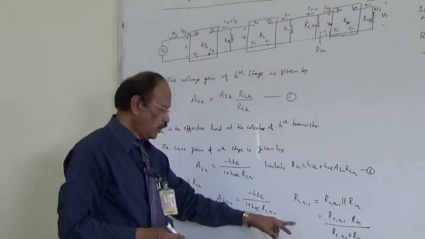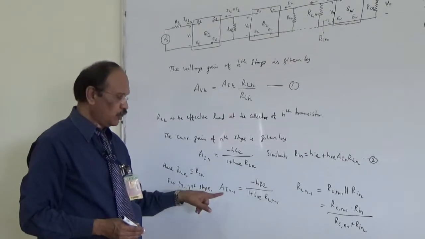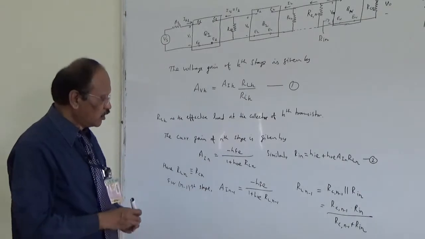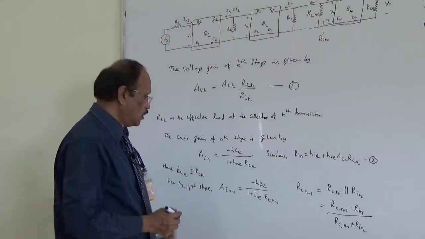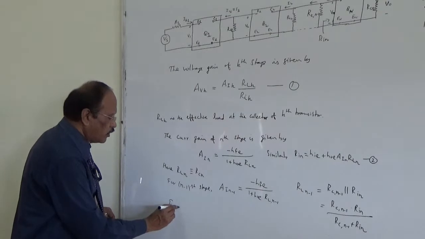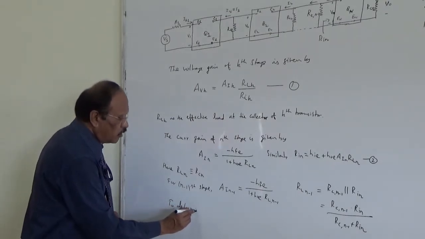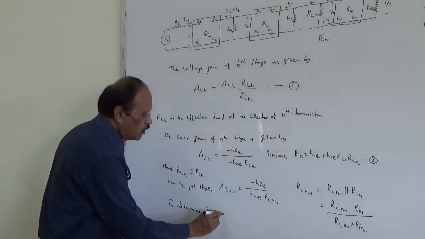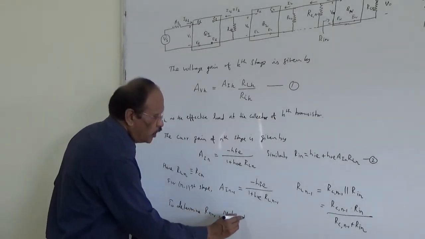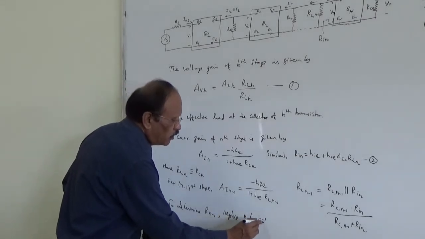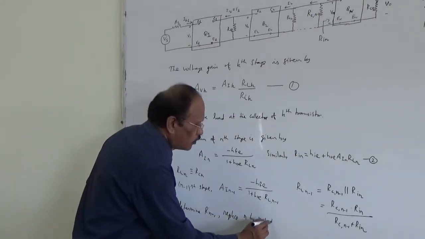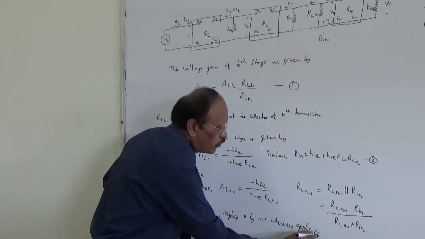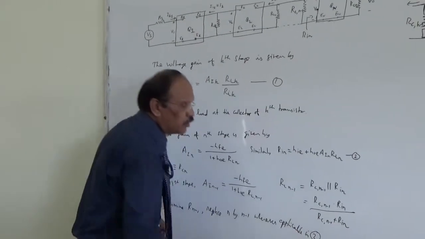So after determining this value RL n minus 1, we can substitute here so that you can find the current gain of the previous stage. Similarly, to determine RI n minus 1 for the previous stage, replace n by n minus 1 wherever applicable in equation 2.